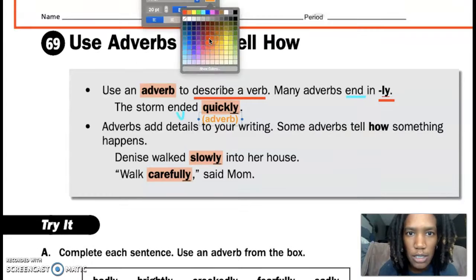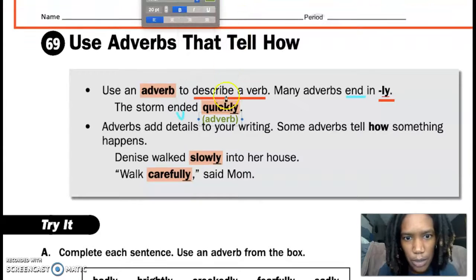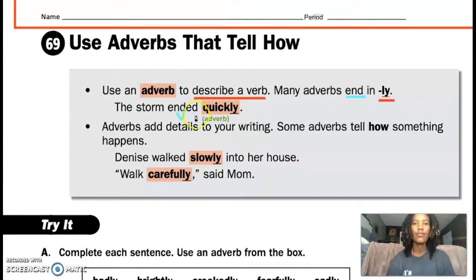No, I'm tired of red. I'm going to use green, okay? Right? So, ended is our verb and quickly is our adverb. Quickly describes how the storm ended, right? Quickly is describing the verb ended, okay?